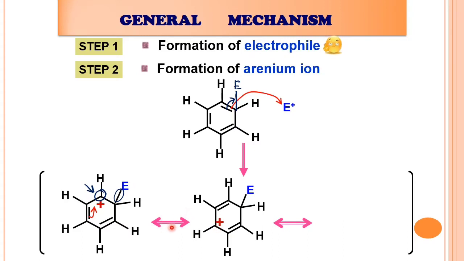Look at the arrow that we use here: a full-headed double arrow, pointing both ways. Remember, this arrow is used for resonance structures.